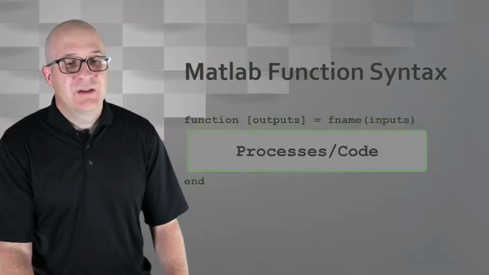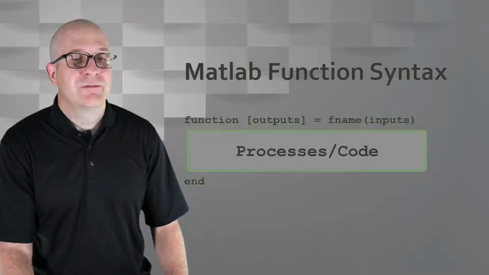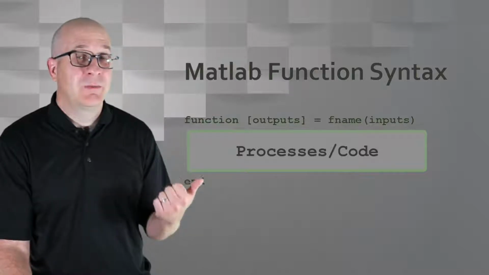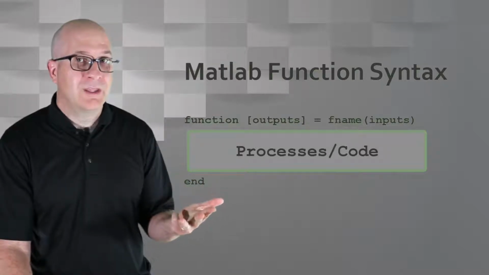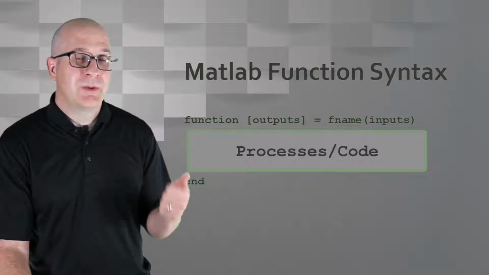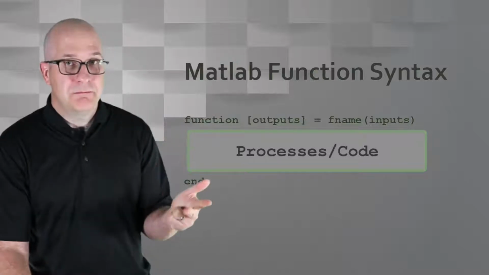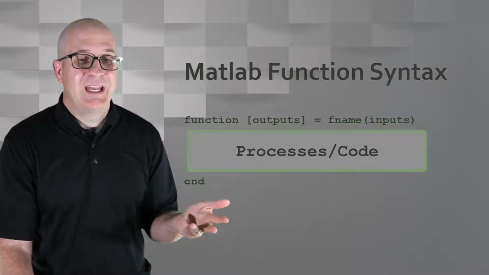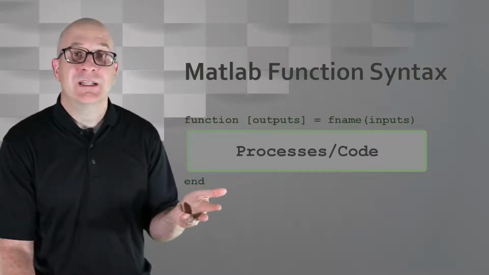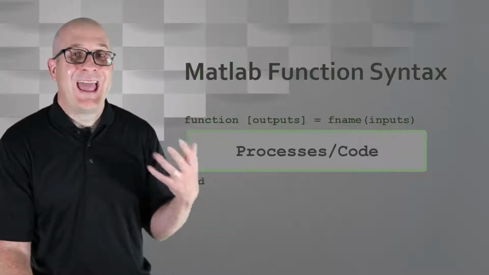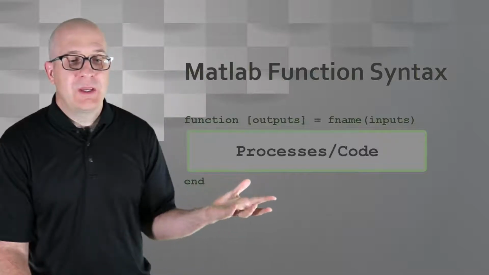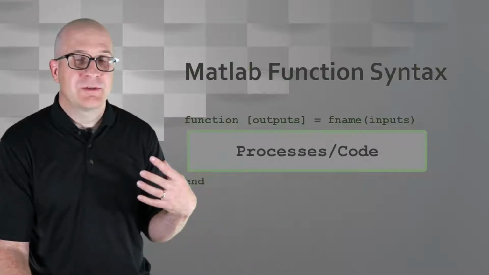A series of processes and code followed the term function. In our case, it was calculating the outputs B1, B2, B3, and B4 as multiply, power, element-wise multiply, and element-wise power. Then at the end, we wrote the term end to make sure that we ended the function.